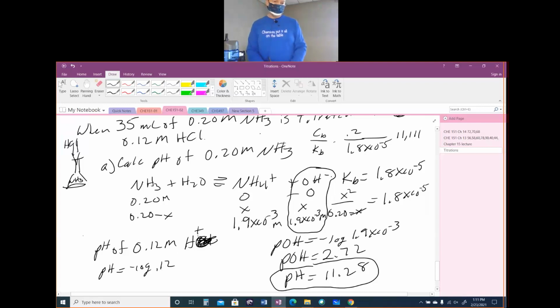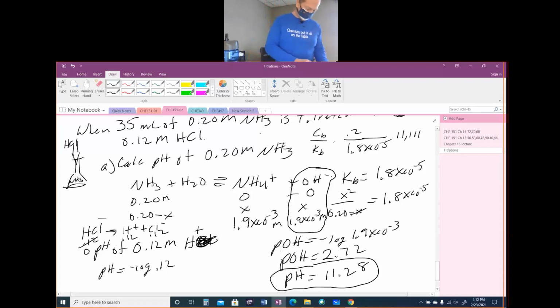So HCl of 0.12 goes to H plus and Cl minus, 100% ionizes. This is now 0, this is 0.12, this is 0.12. So I'm losing the sound. All right, and so you have the negative log of 0.12, and that is a 0.92 for your pH.